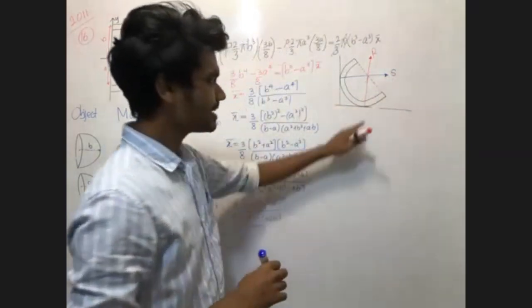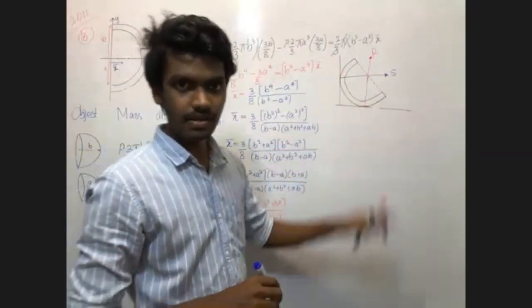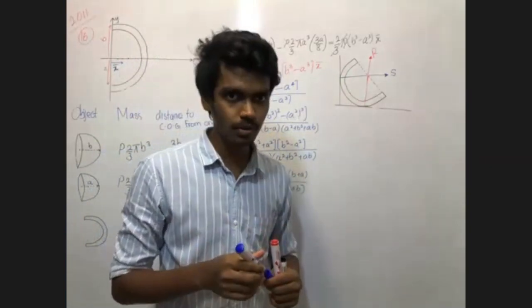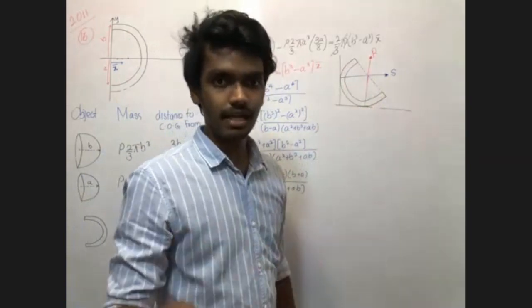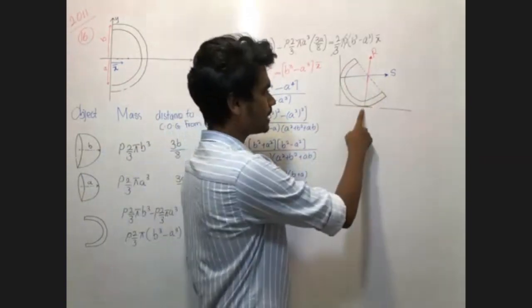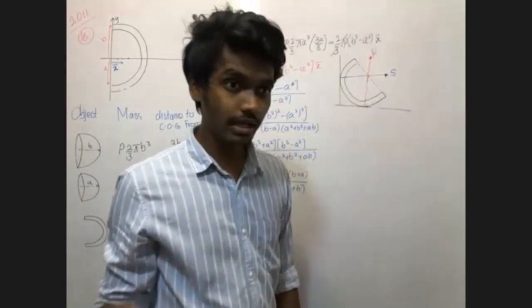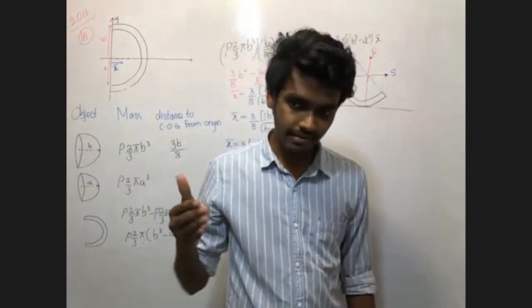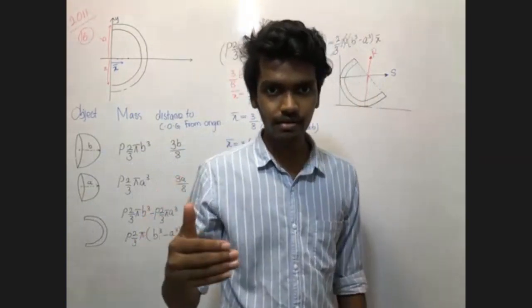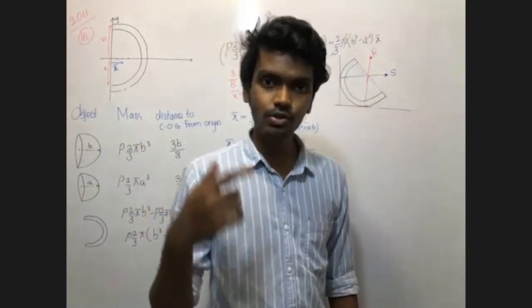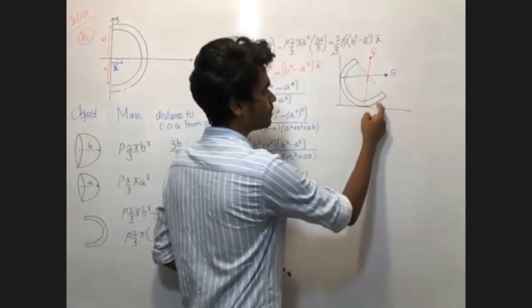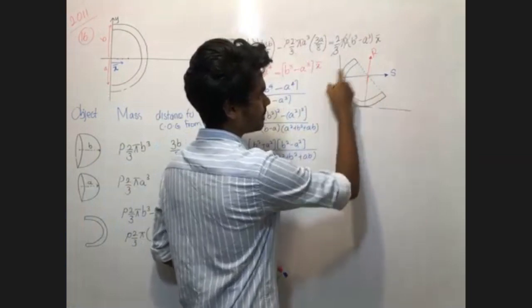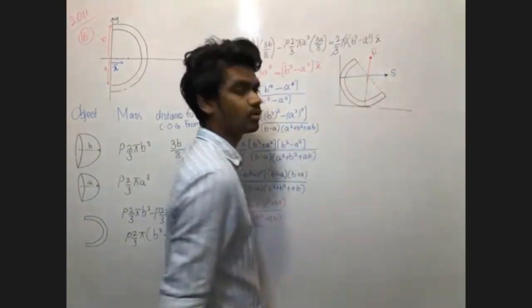Because if there are contact surfaces, I have told you there's always going to be a reaction. And I have also mentioned, when there is a curved contact surface, the reaction goes through the center of the curvature. So what is the center of this curvature? Both go to the center.